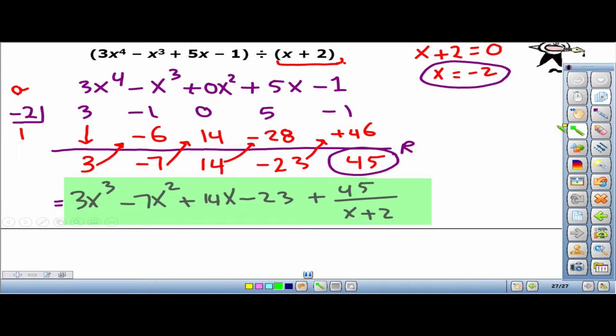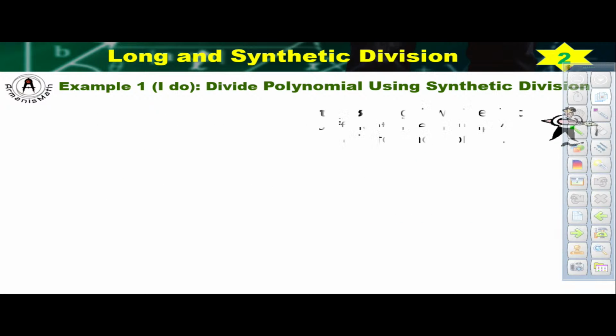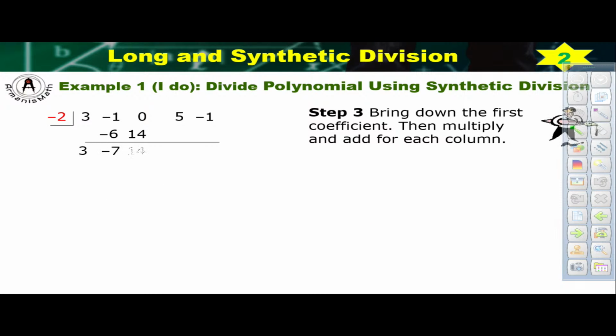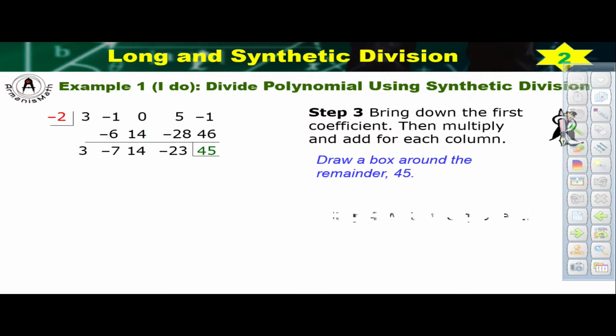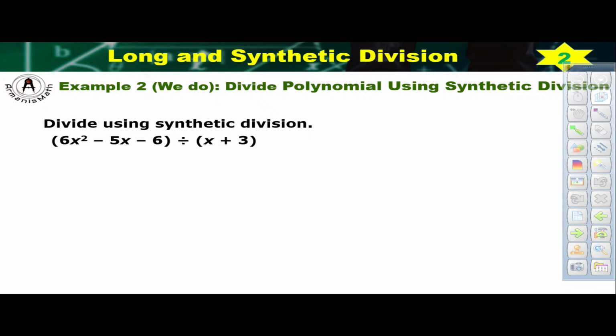Let's take another example. Here we go. Divide.